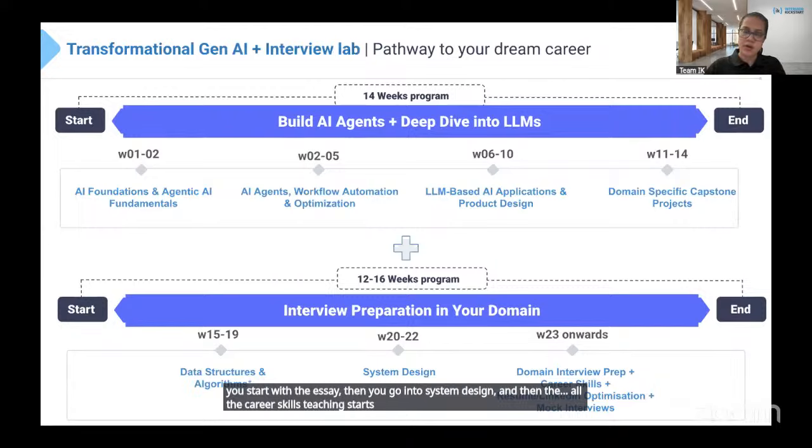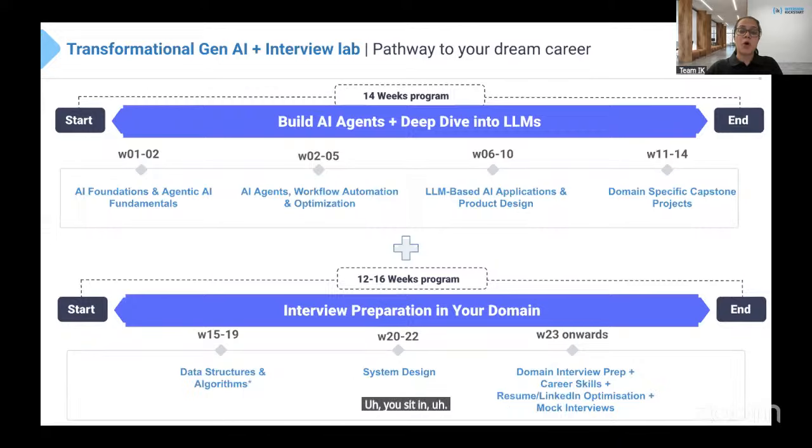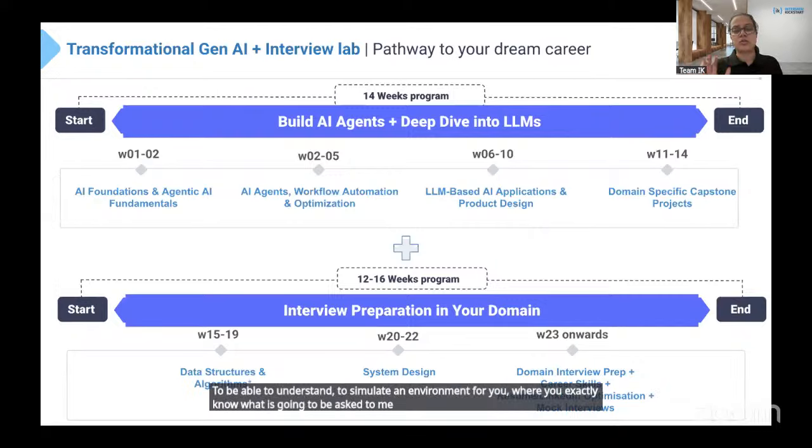For example, how to build a resume, like I mentioned, how to optimize your LinkedIn. You sit in up to 15 mock interviews with experts like Surhit to simulate an environment where you exactly know what is going to be asked of you and what is expected out of you. And by the time you get into real interviews, believe me, it will be a cakewalk.